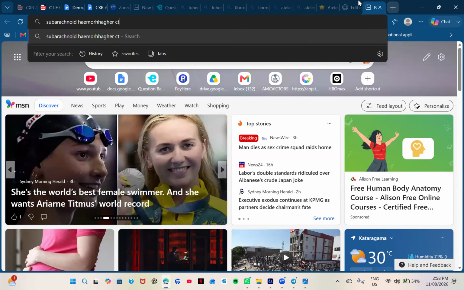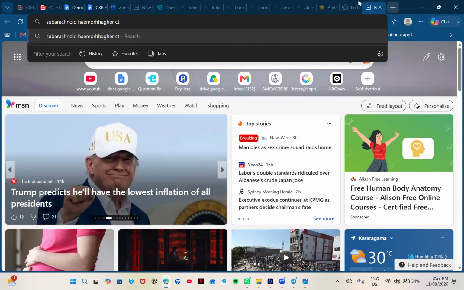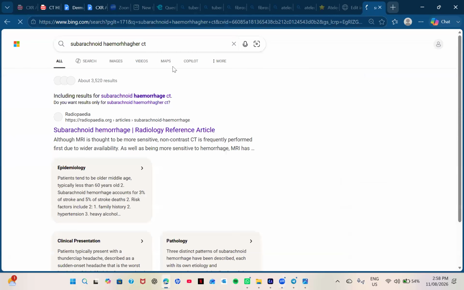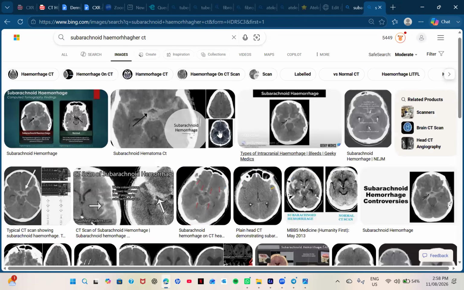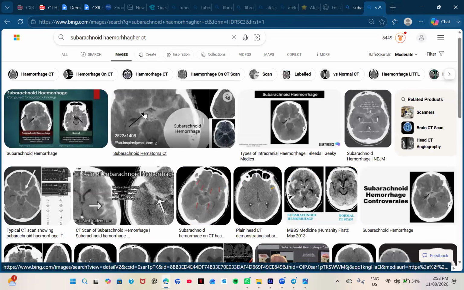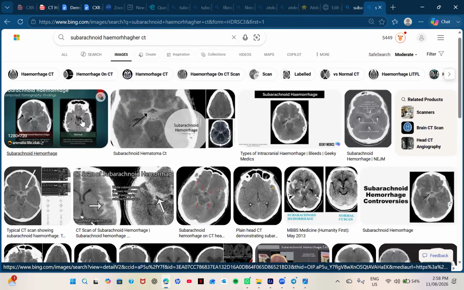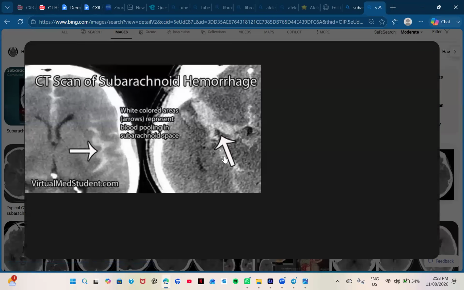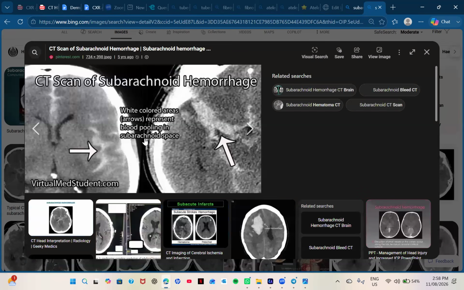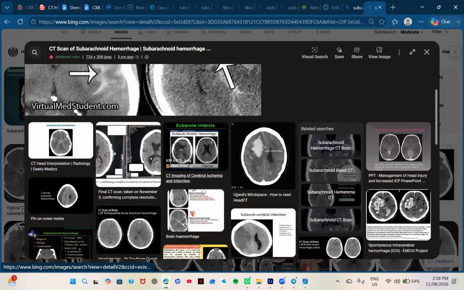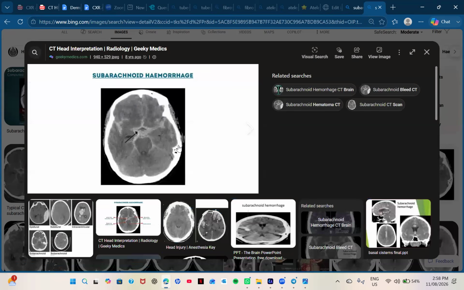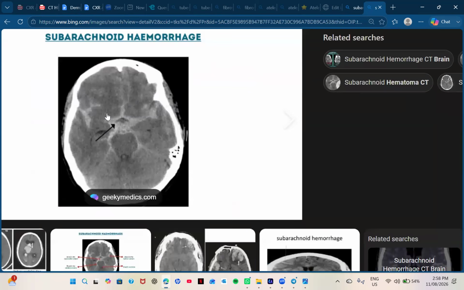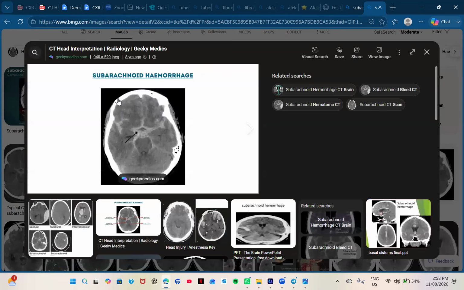Today I made this file within about one hour to teach you properly. Here you can see the subarachnoid hemorrhage, white color, bright. Okay, like that.